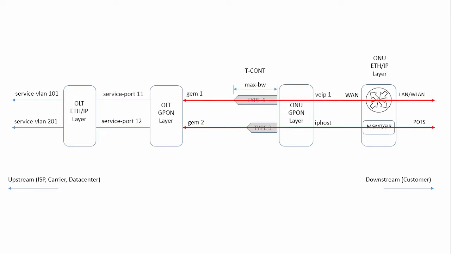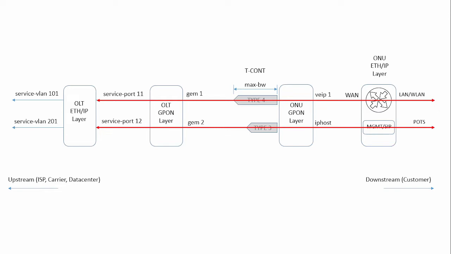GEM stands for GPON encapsulation method. From the OLT's point of view, GEM can be seen as a port through which traffic is received and transmitted to an ONU. Routing of traffic between the GPON layer and Ethernet layer occurs via service port.